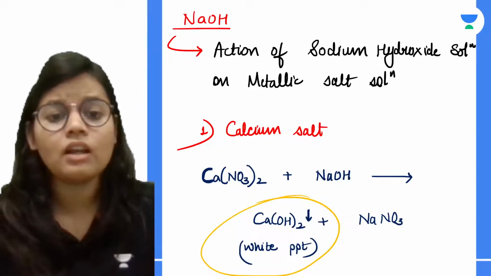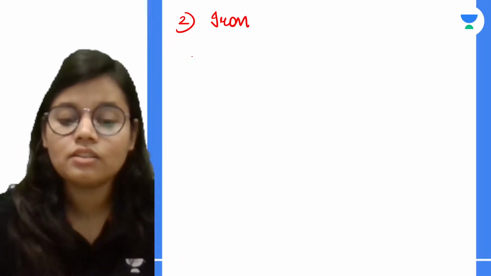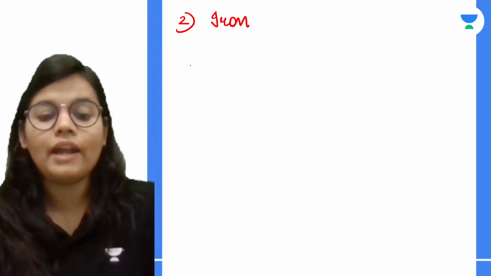Okay, the next thing is, let us suppose we have been given an iron salt. Now iron, we all know, shows variable valencies, 2 and 3.